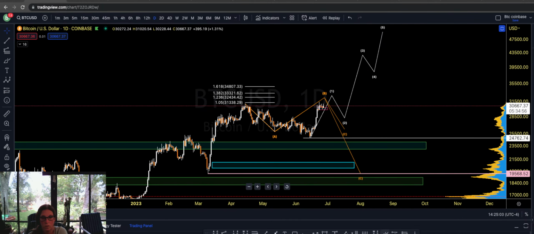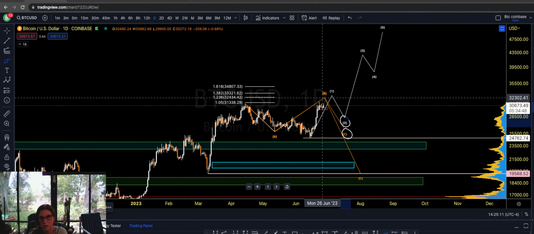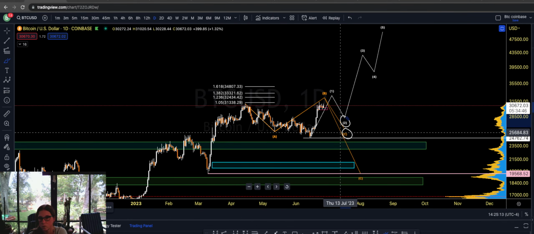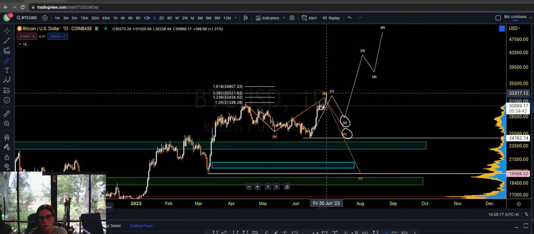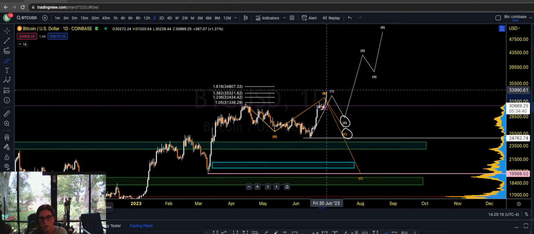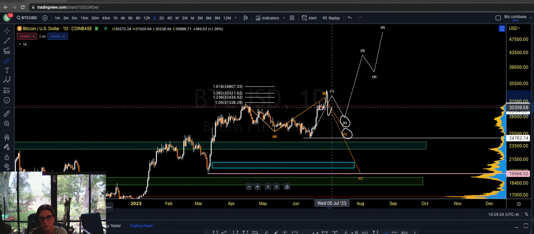Well, if we're going to make this C wave or this wave 2, we need to come off this top control. Basically, say we get to hit the high. We don't want to see a rejection that eats this candle quickly, back tests this, and then dumps. We don't want to see that.